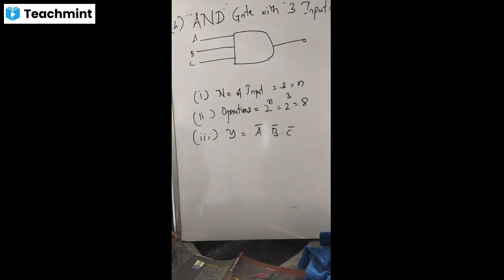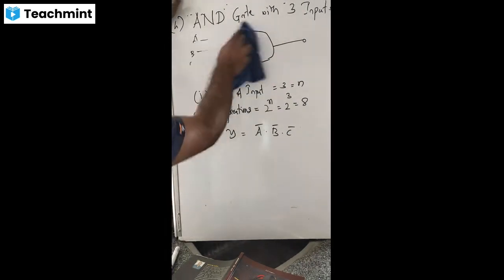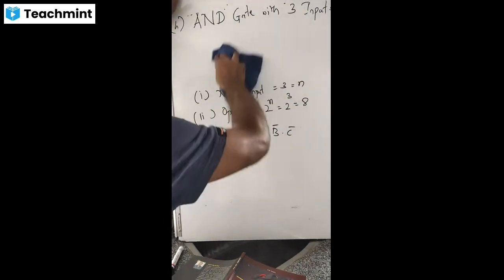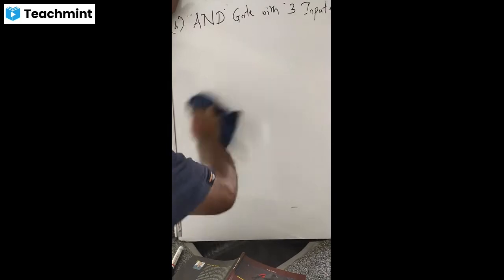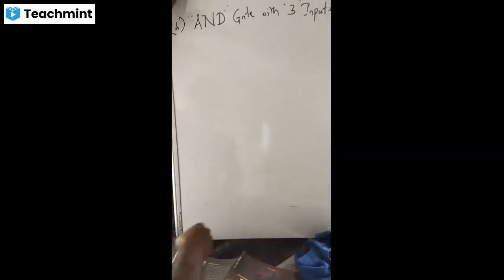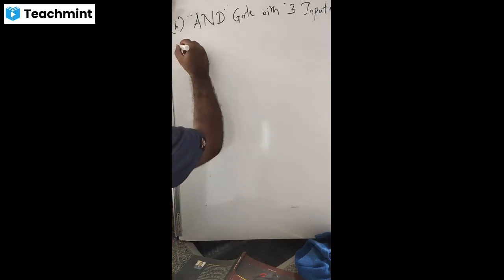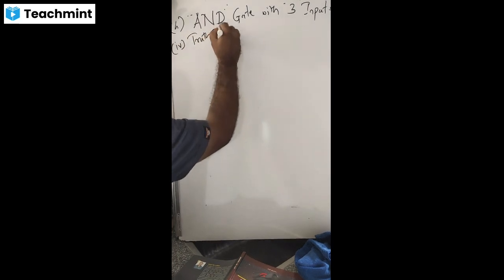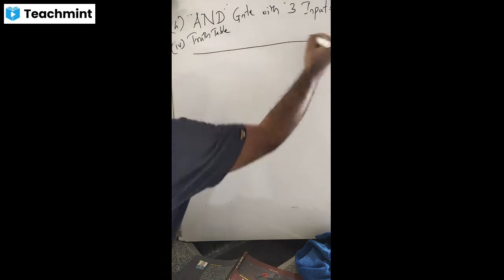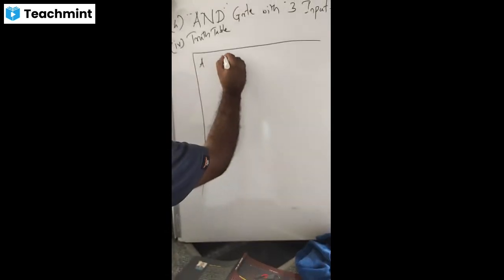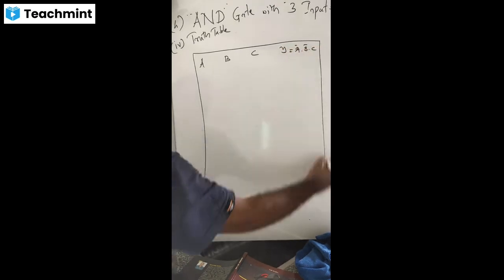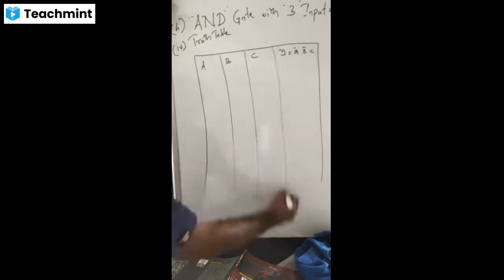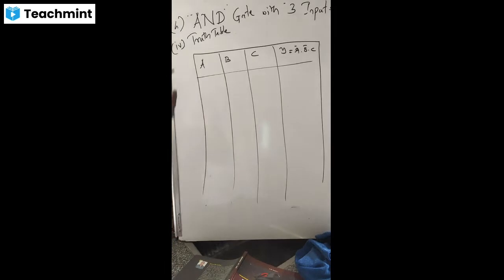Okay, start writing the truth table. Since it has 8 operations, A, B, C, then Y equal to A dot B dot C. Again, possible operations you should write.